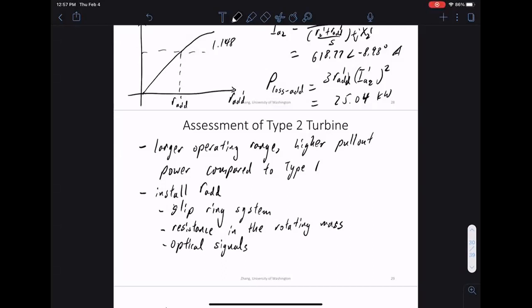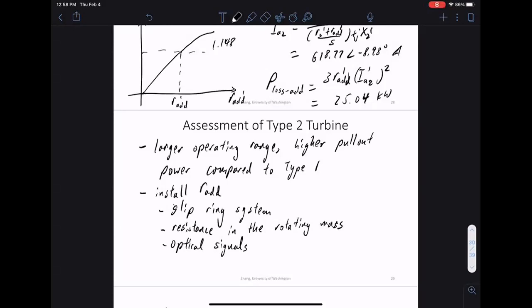Instead, you have a built-in optical sensor on the switches, and on the stator side, you can flash lights. This optical signal tells you what the correct duty cycle is. So you don't need very expensive wireless controllers, you just need a cheap light sensor. This made type 2 much easier to use.